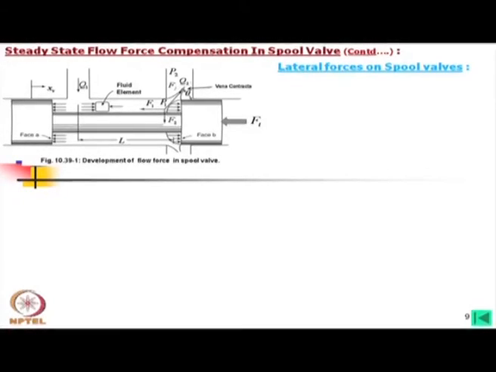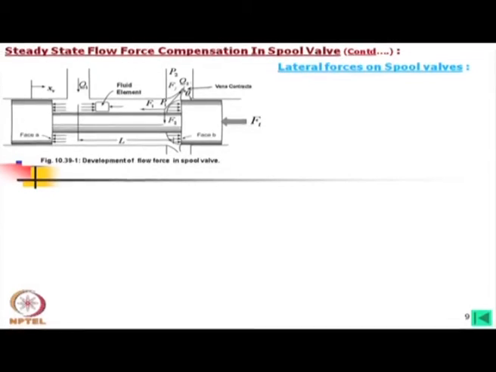So, there is no chance that there will be lateral force, but there may be lateral force due to several reasons. One is that, say for example, instead of this full rectangular port, we have used small holes, discrete rectangular holes.